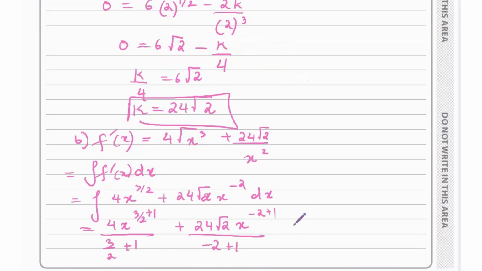And then plus c, because we don't have a limit, so we're going to add a constant, which is going to be 8 over 5 times x to the power of 5 over 2 minus 24 root 2 over x plus c. This is our integral and f of x right now.